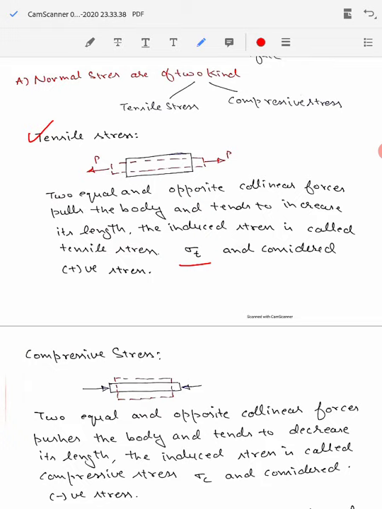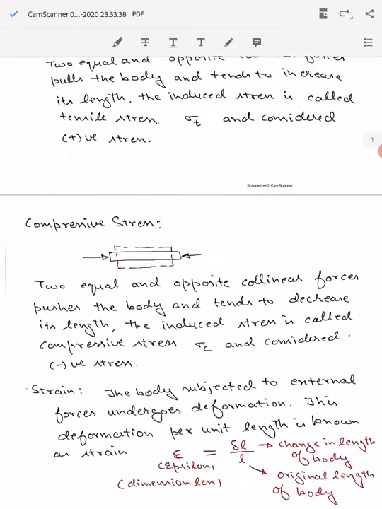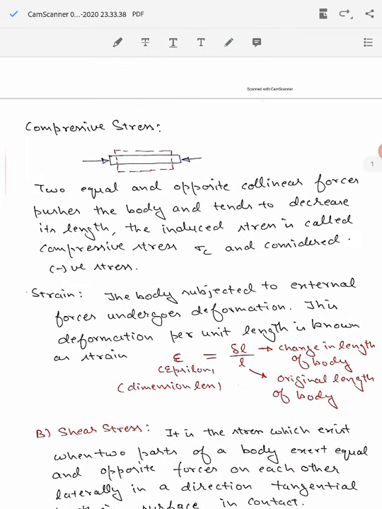Now the second type of stress, which is another normal stress because again the stress produced is perpendicular to the area on which it is being applied, is termed as compressive stress. Compressive stresses are produced when two equal and opposite collinear forces push the body and tend to decrease its length.